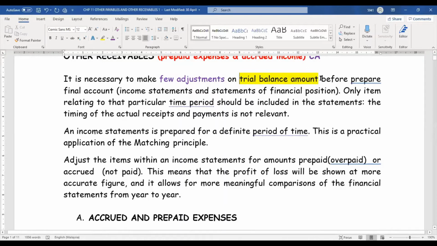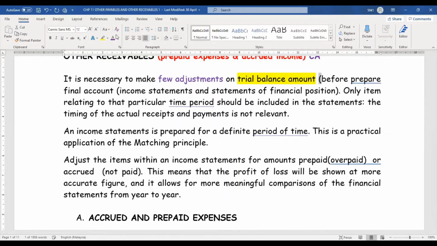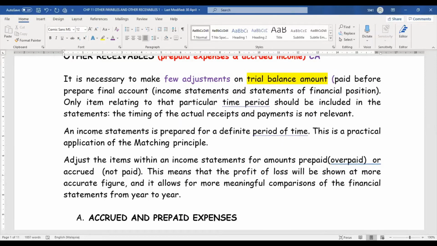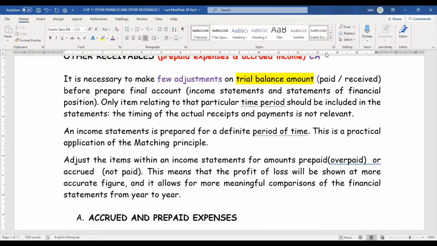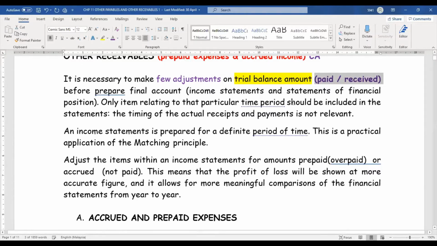All the income and expenses that we already paid or received normally will be recorded in the trial balance.